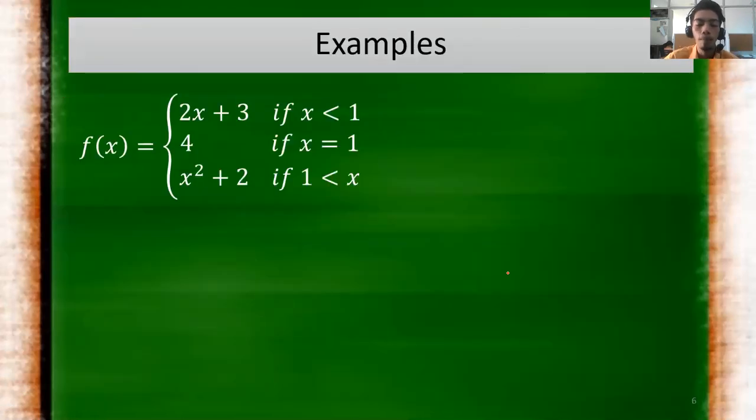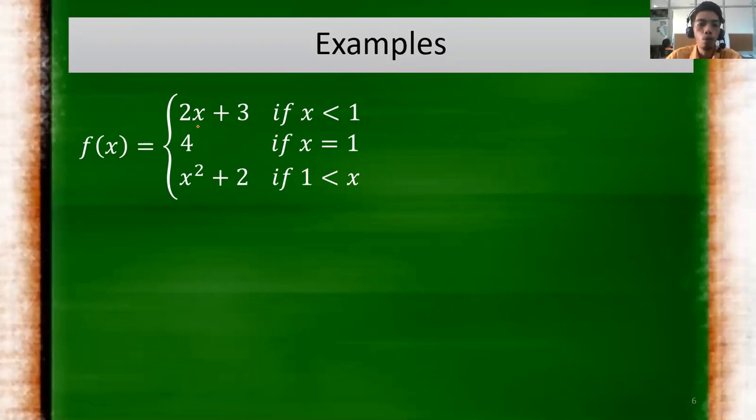So this is an example of a piecewise function. A piecewise function, again, is a function wherein the function is cut into pieces. The first thing that we need to consider here is to find the value of c. As you can see, the value of c is the number where we have conditions for each function.